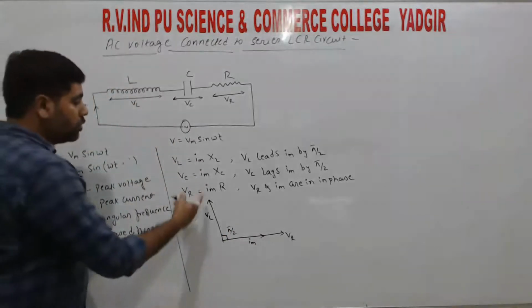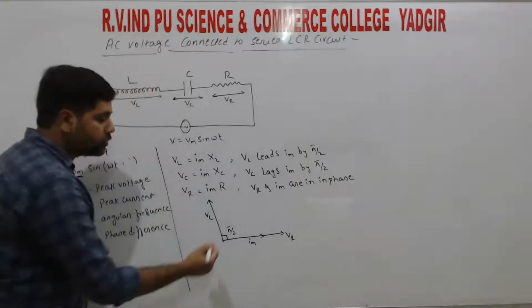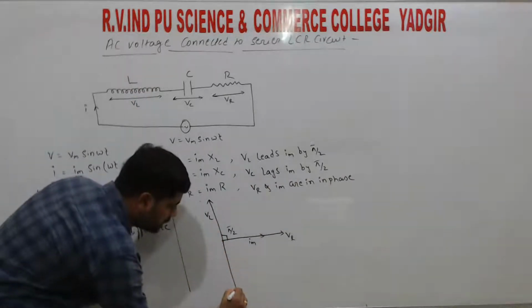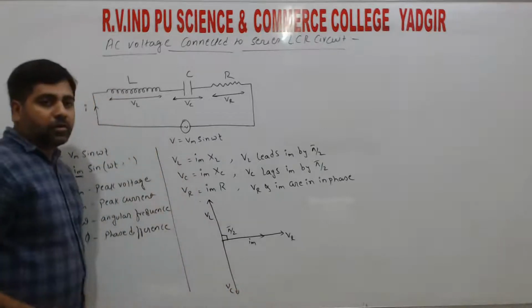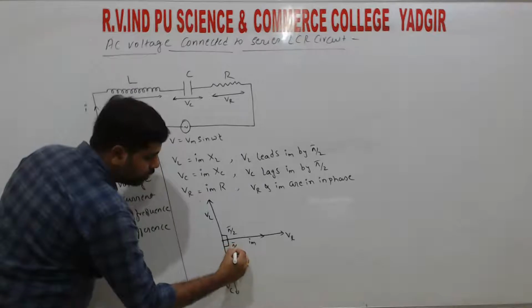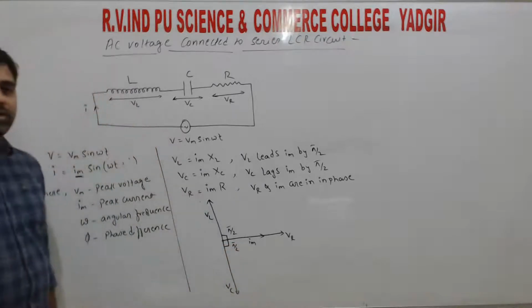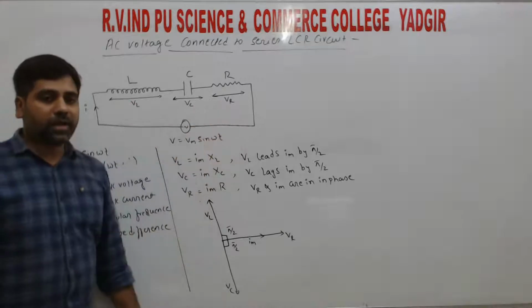So now VC lags Im by pi by 2. So lags means in the negative axis. So this gives VC, right? So it lags the current Im by pi by 2, right? So this is the phasor diagram for the series LCR circuit, right?